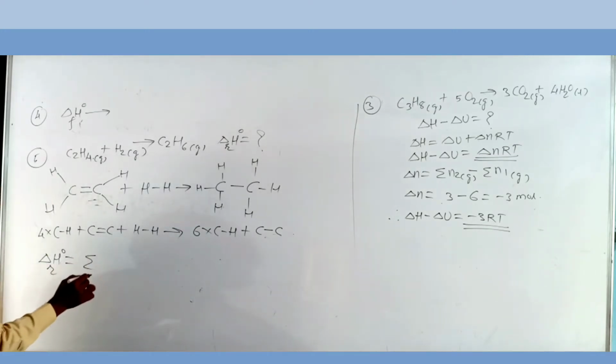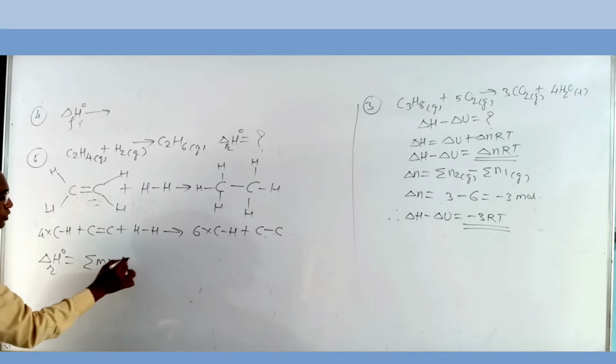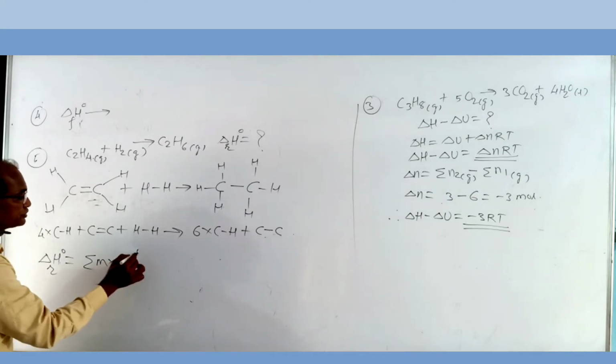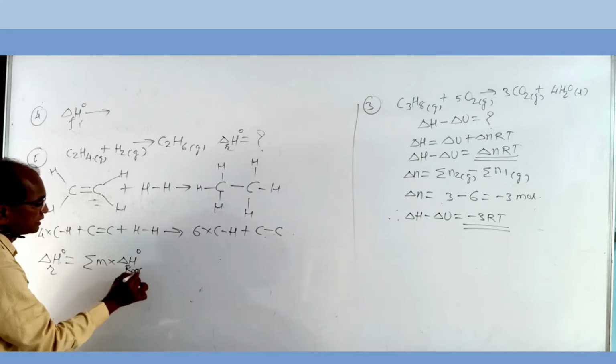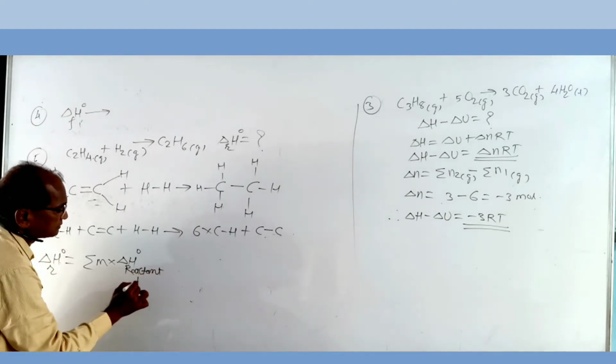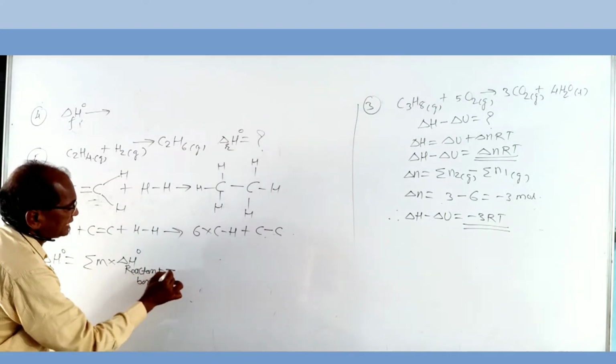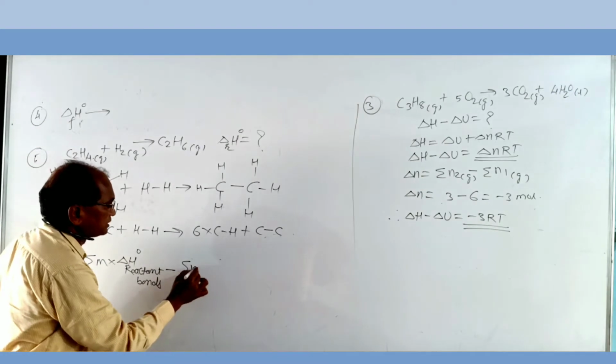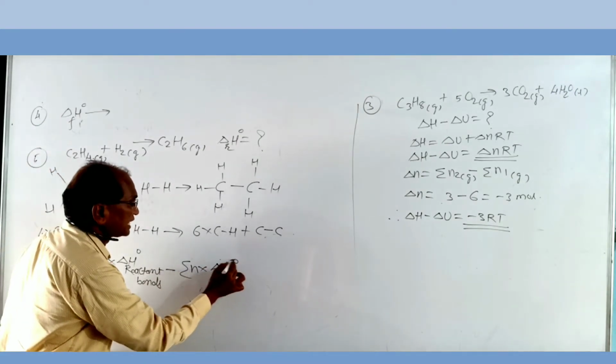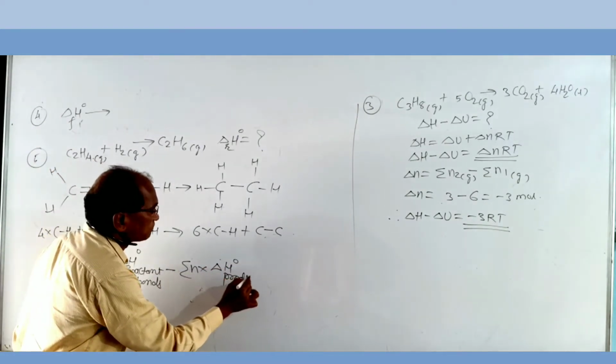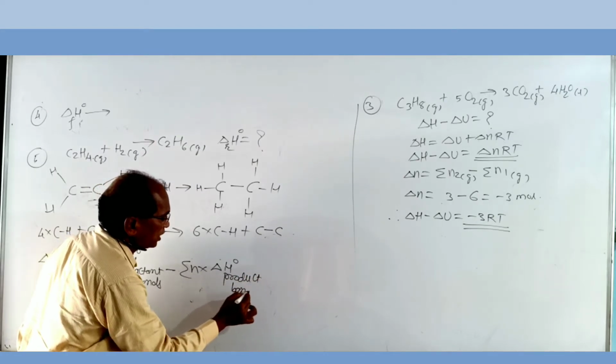That is summation of m into delta H0 of reactant bonds minus summation of n into delta H0 of product bonds.